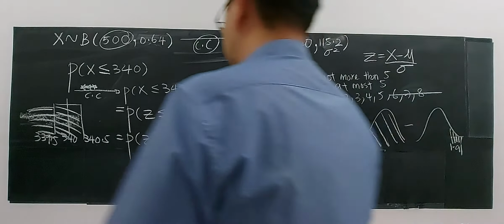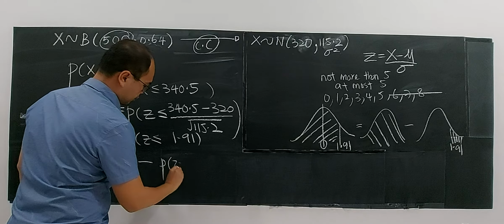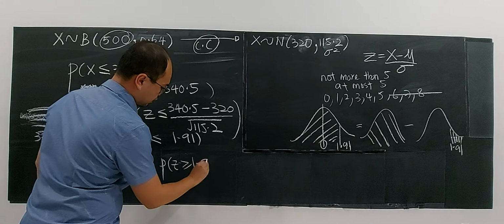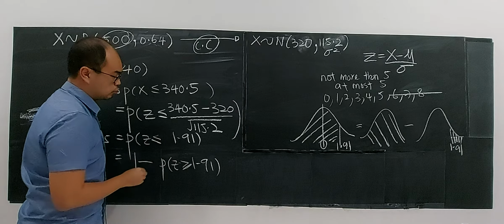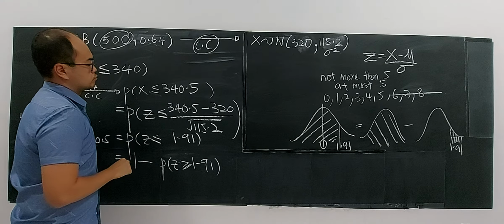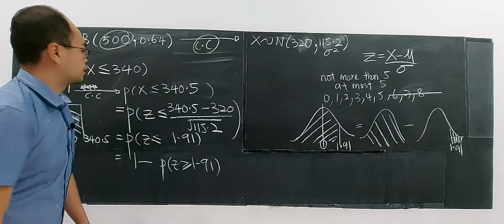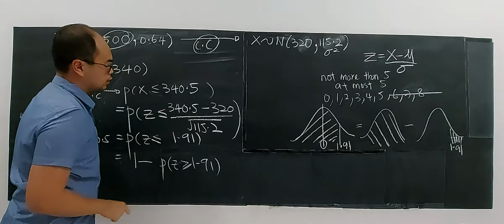so I write here: equals 1 minus P(Z greater or equal 1.91). Okay, sir, do I need to put equal or without the equal? Can I just not put the equal? Yes, you can. After continuity correction, whether you put equal or no equal doesn't matter.